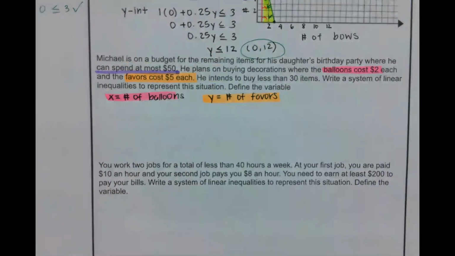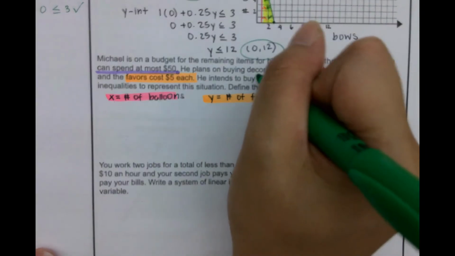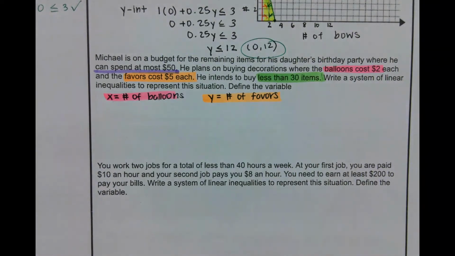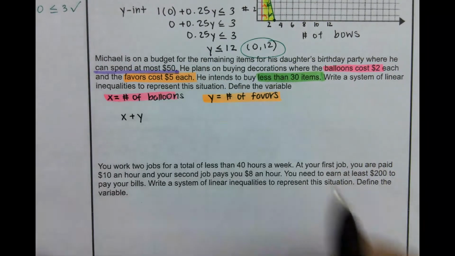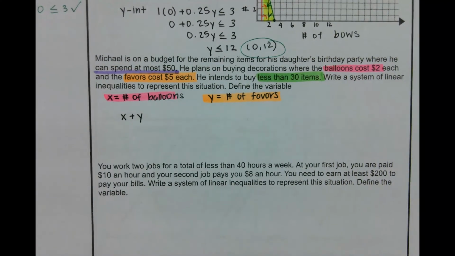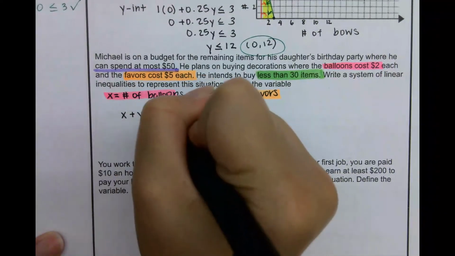We know that favors cost $5. Okay. And then the other thing we know is that he intends to buy less than 30 items. So those are some totals. Okay, so we know he's buying balloons plus favors, and however many he buys of each of them, the total has to be less than 30 items.